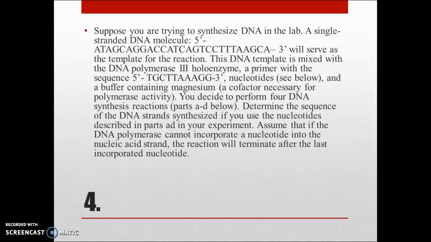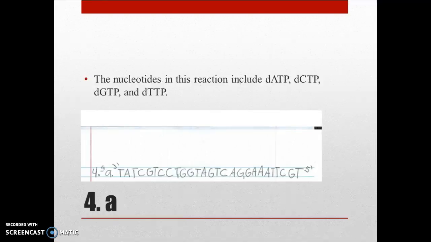You decide to perform 4 DNA synthesis reactions, which are parts A through D. Determine the sequence of the DNA strand synthesized if you use the nucleotides described in parts A through D in your experiment. Assume that if a DNA polymerase cannot incorporate a nucleotide into the nucleic acid strand, the reaction will terminate after the last incorporated nucleotide.